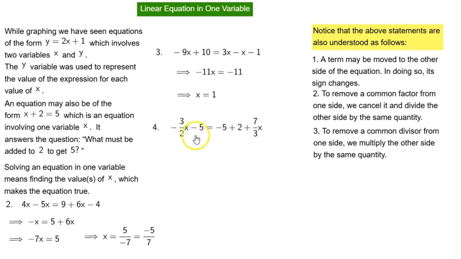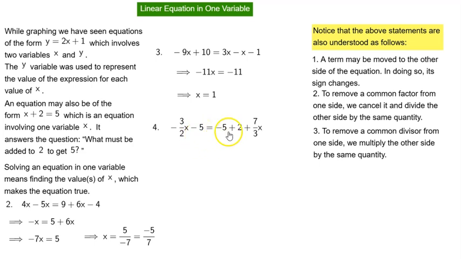Minus 3 by 2x minus 5 is equal to minus 5 plus 2 plus 7 by 3x. Now here, interestingly, you will notice that we can look at this minus 5 as we bring this minus 5 to this side, it becomes plus. So minus 5 plus 5 cancel out.